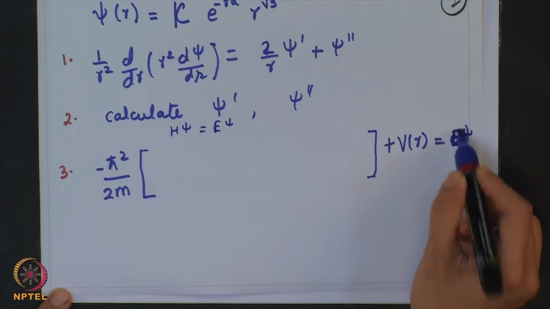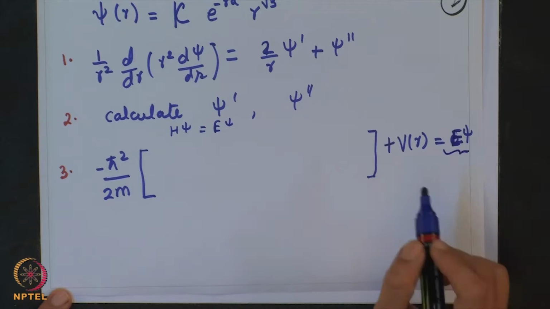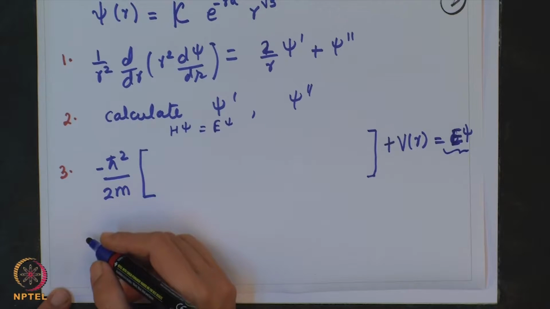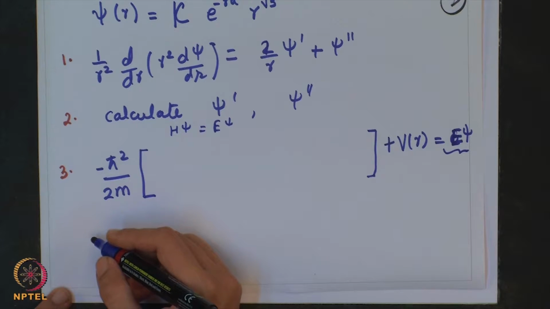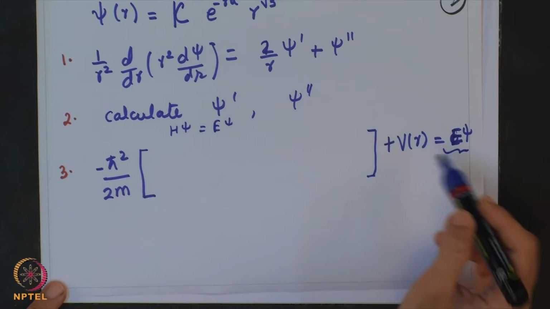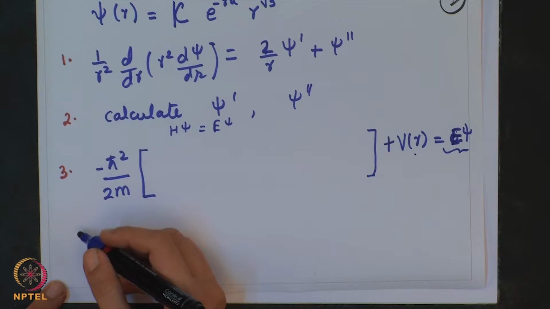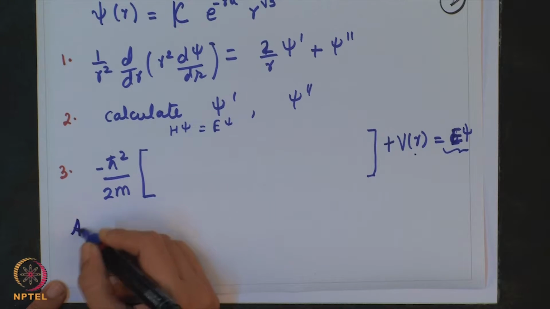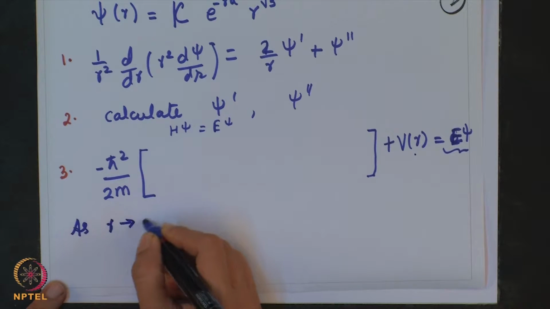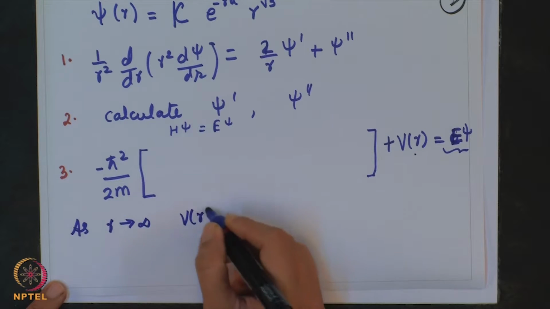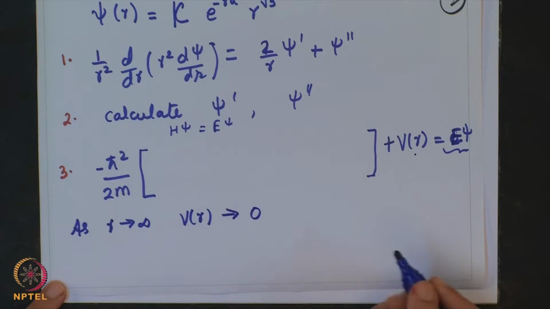So, we have to evaluate this E term after doing all this. In the question you are given that this potential V of r is the central potential, and what do we know about it? We know that as r goes to infinity, V of r goes to 0.